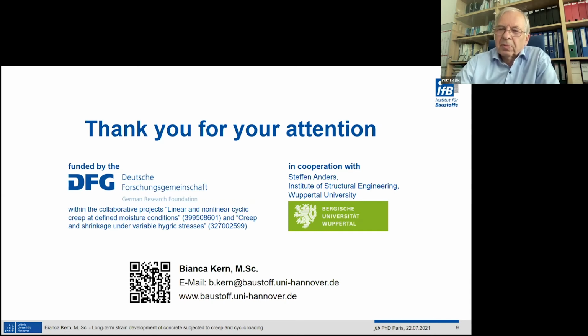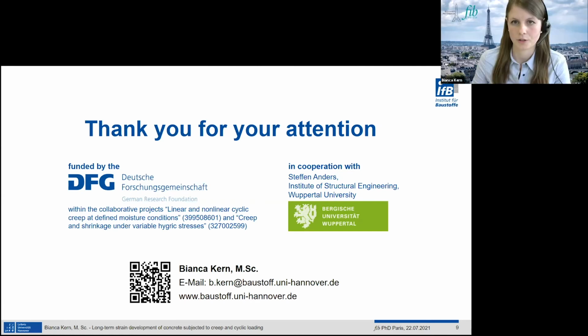Is there some idea to contribute in this way? Yeah, definitely. I want to go into the modeling in the next steps, and then give this to the standards. Like I mentioned before, I'm working on a model based on an additional strain due to the cyclic loading.